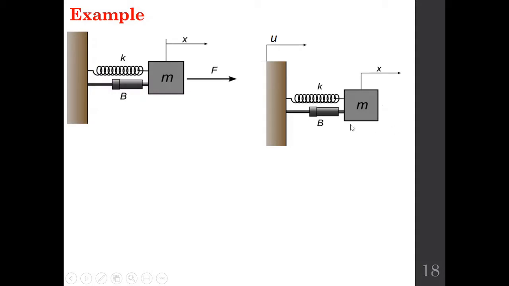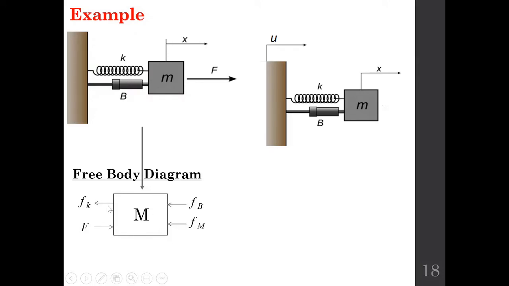So how do you solve this translational mechanical system? What is the free body diagram of this mechanical system? Let us look at this. If we look at the free body diagram of the previous mechanical system, then we can draw it like this.